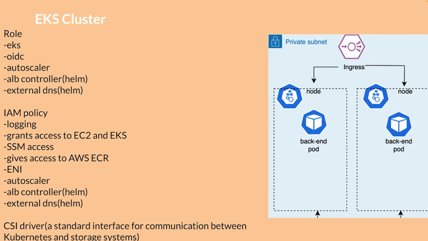So we use the ALB controller instead, and the external DNS helps to manage the EKS DNS addresses like Route 53 does. I've created IAM policies and attached them to the role, and also I've included a CSI driver, which enhances the communication between Kubernetes and the storage system.